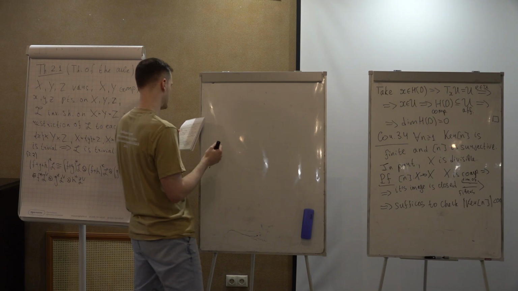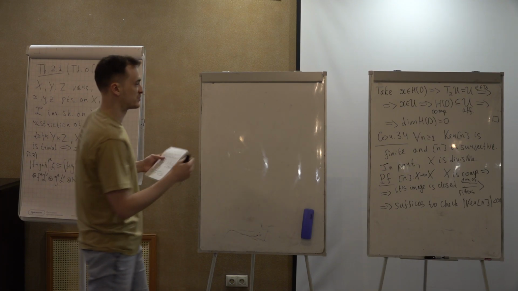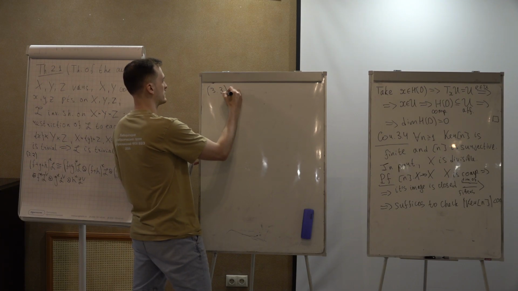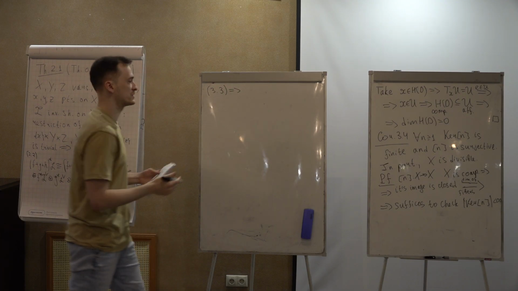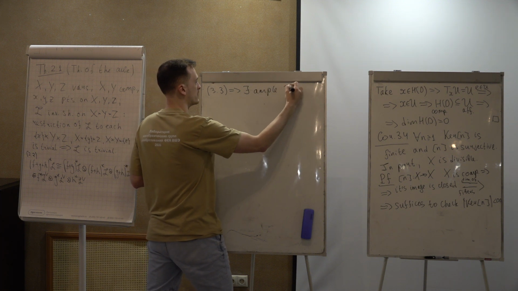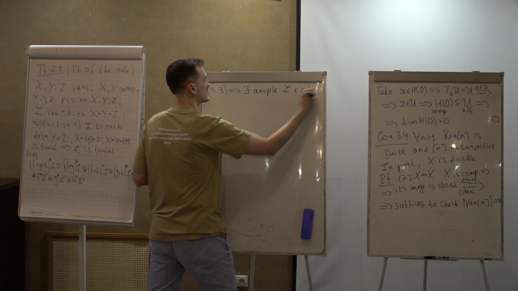We just proved that X is projective, 3.3, so we can find an ample sheaf. Ample L on X. Okay.